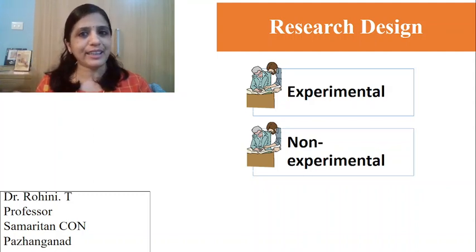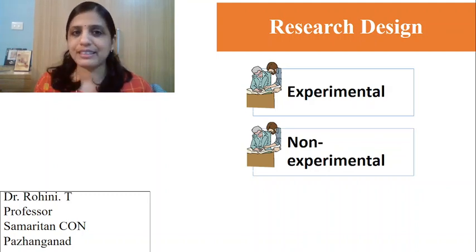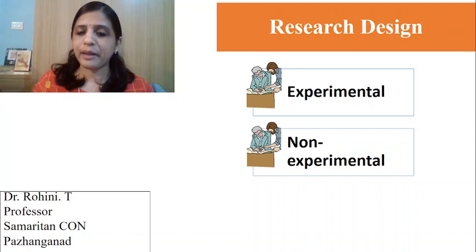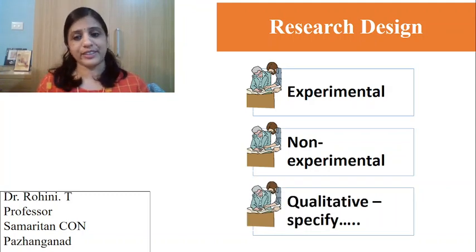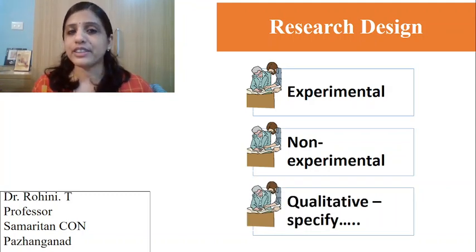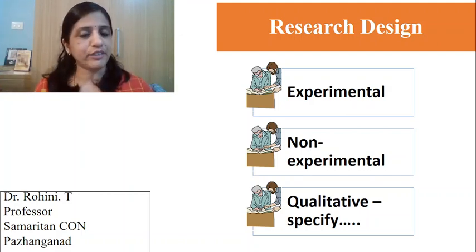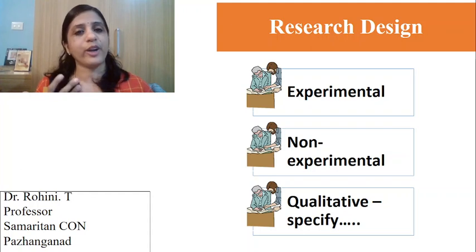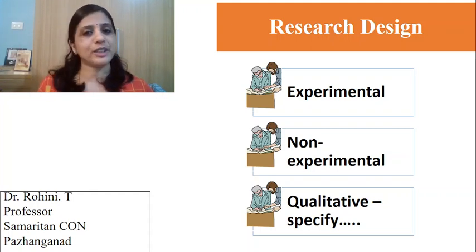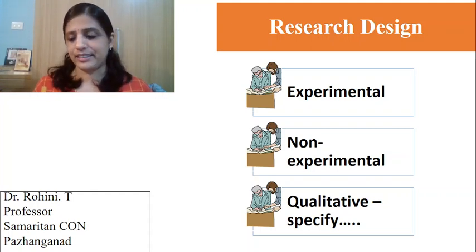Many types are there. So the final word is: whichever design you are using, specify it and write it. The same thing holds true for qualitative research design. In qualitative research there are many designs. If you are selecting phenomenology, grounded theory or ethnography, that should be specified under research design.